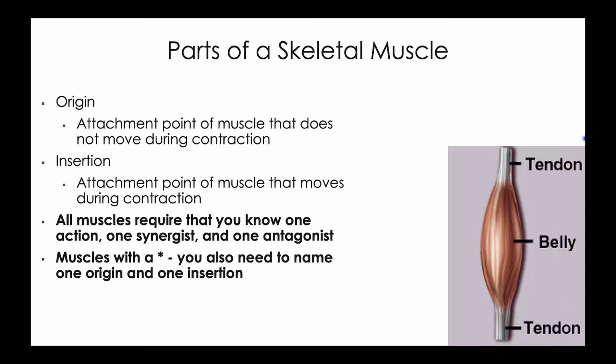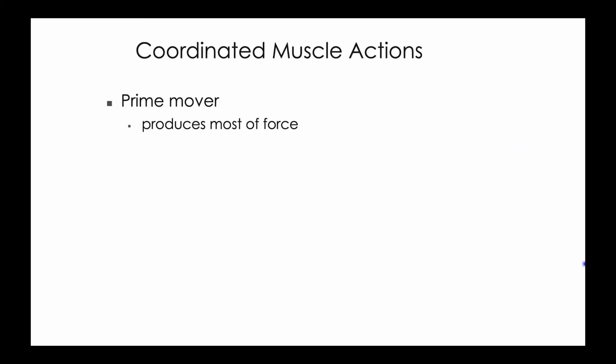The other thing you'll notice as we go through each of these slides is that muscles that have an asterisk require that you can name one origin and one insertion of those muscles. A couple of other terms that we're going to need to know when you're thinking about moving your muscles or moving a joint: we have a prime mover.